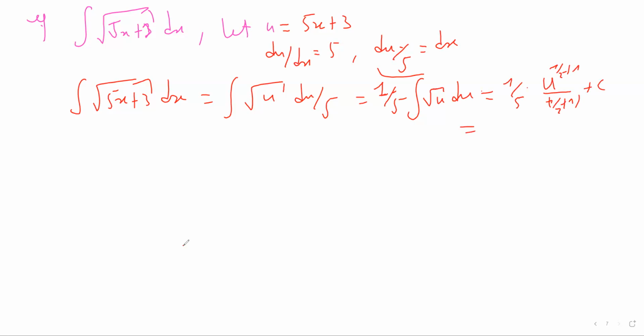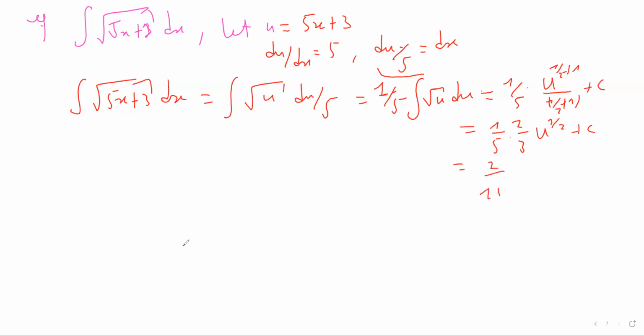So this is 1 over 5 times 2 over 3 u to the 3 over 2 plus c.